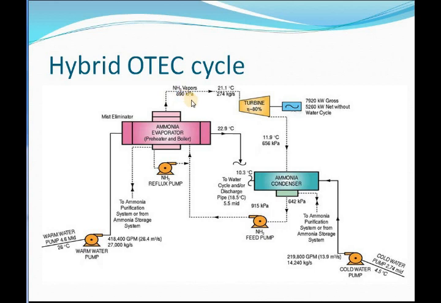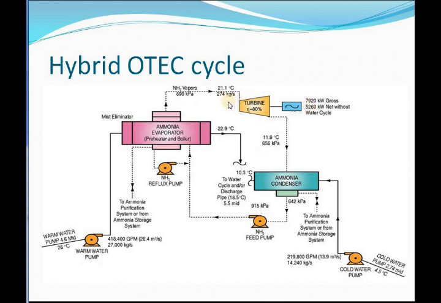Now this goes to the turbine, wherein it drives the turbine, which produces electric energy through the generator. So the electric energy is produced using the vapors of ammonia. Now this electricity is generated, which can be utilized in different methods.